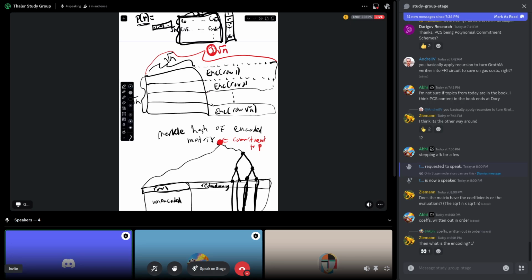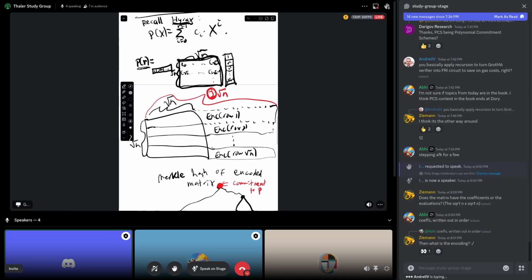With Reed-Solomon encoding, you can choose to view the symbols of the message you're encoding as coefficients or evaluations of a univariate polynomial. I'm just trying to decide if I should pick one and stick with it.